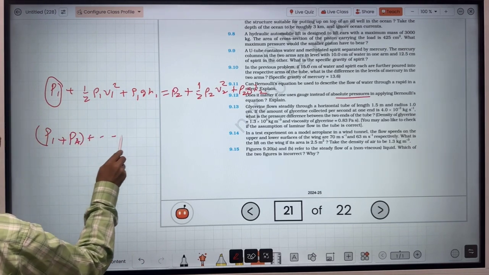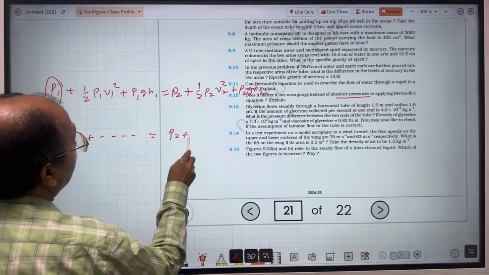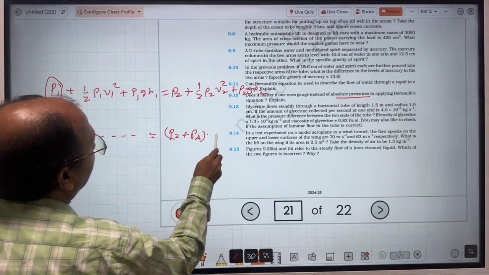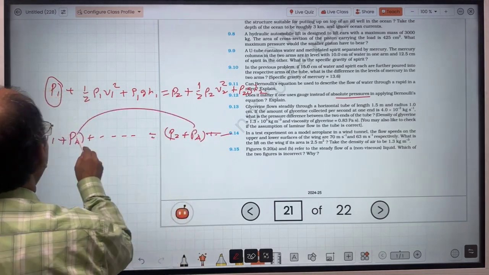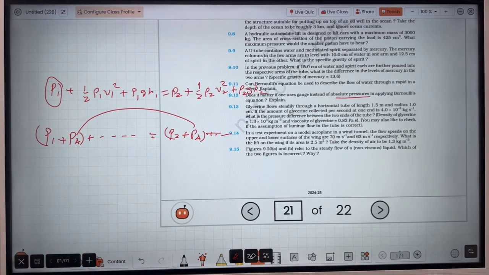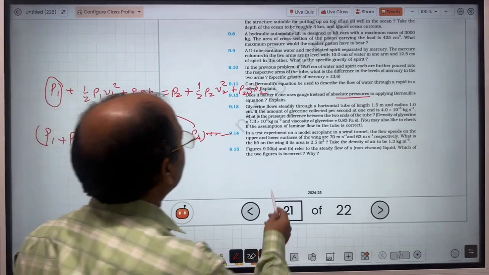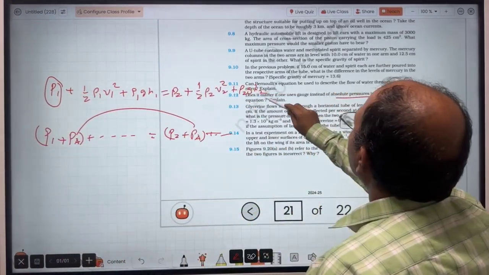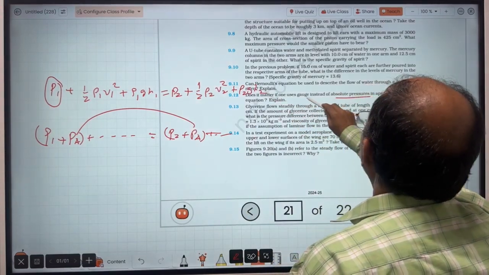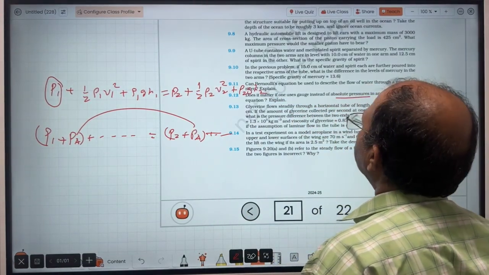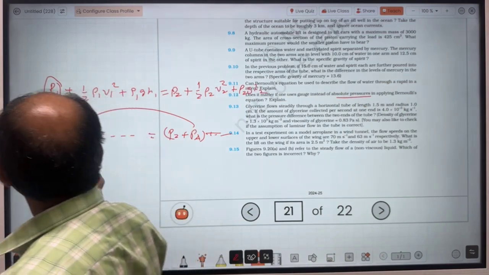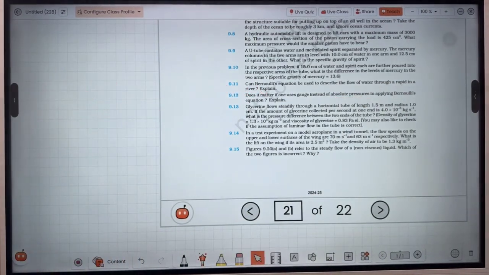With other things remaining the same, this equals P2 plus PA, so these two PA will cancel out. So the question says, does it matter if one uses gauge instead of absolute pressure? No, nothing will happen. This term will cancel out and we will get the same result.